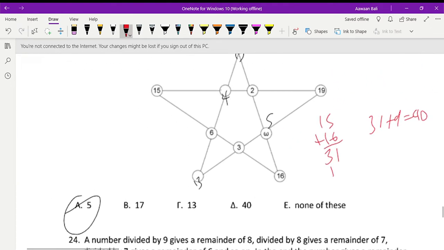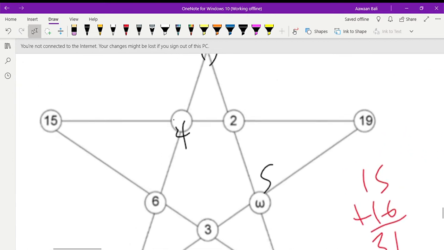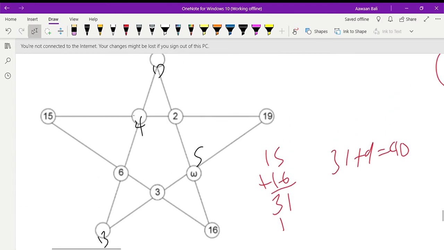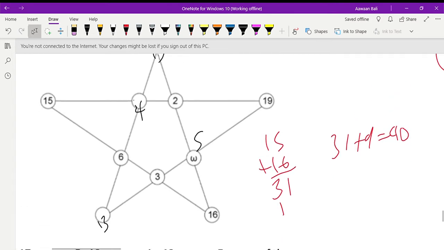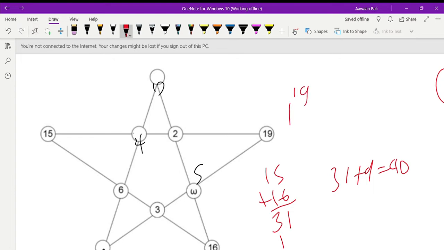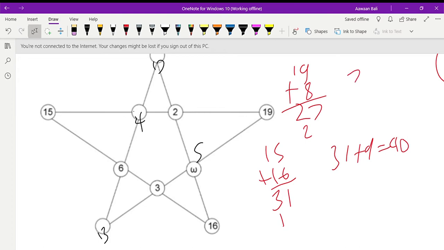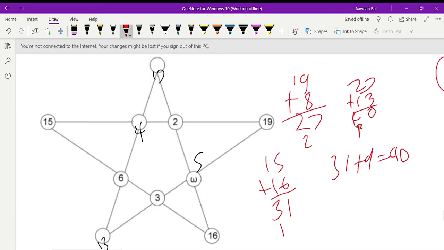Use the options. There are only 4, and the first one is the answer, to save you a lot of time. So thanks, paper. Once we have this as 5, we have 3 plus 5, 8 plus 19. So 19 plus 8 is 27. So now that means 27 plus 13 gives us 40. So 13 has to go here.